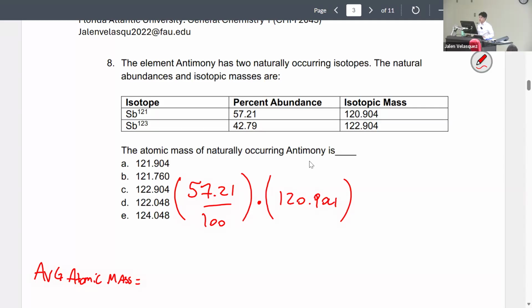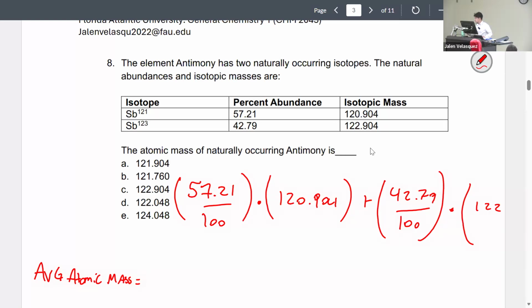Okay, so that's for isotope 1 here. And now we've got to do the same thing for the second isotope. So my other percent is the 42.79 over 100 times the mass, which is 122, and this is going to get messy, 0.904.